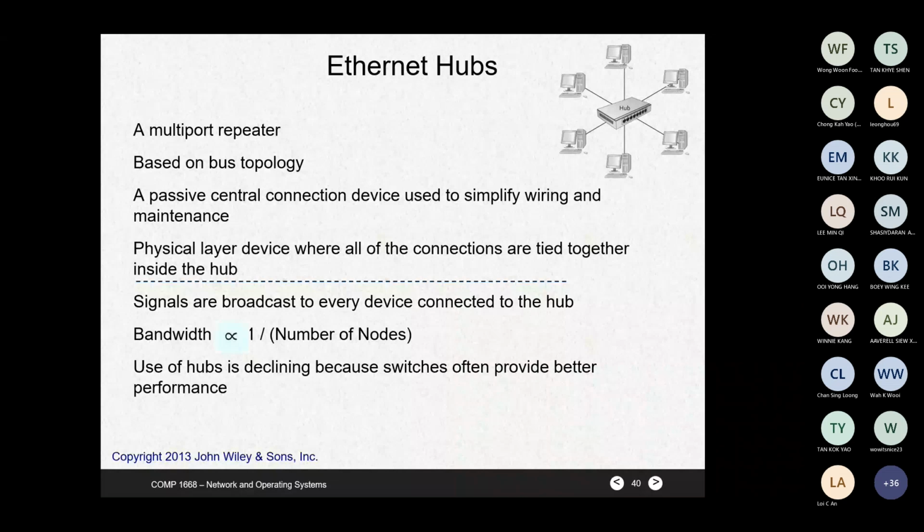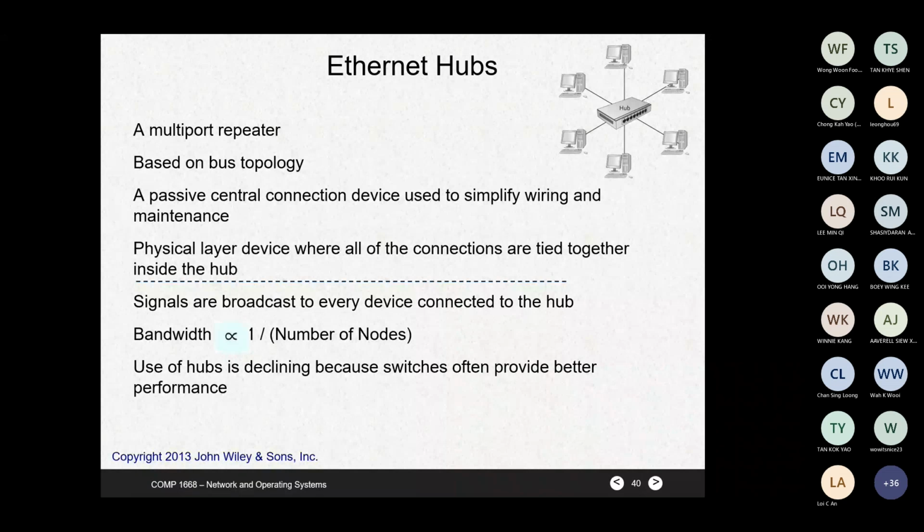Hub is like that, and hub is cheap. You can buy one for 10 ringgit or 20 ringgit. You can just connect 4 to 5 devices. I'm talking about the home hub. If it's in the office, it comes with maybe 12 ports or 24 ports. And then you can just connect it without any configuration, without any setting required.